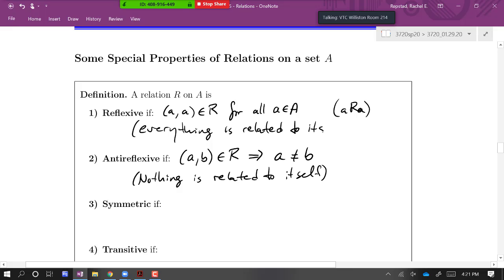You could think of these two properties as polar opposites. They're not negations of each other, but polar opposites: everything related to itself, nothing related to itself. There are lots of relations that have something in between, so a relation doesn't have to be one or the other.